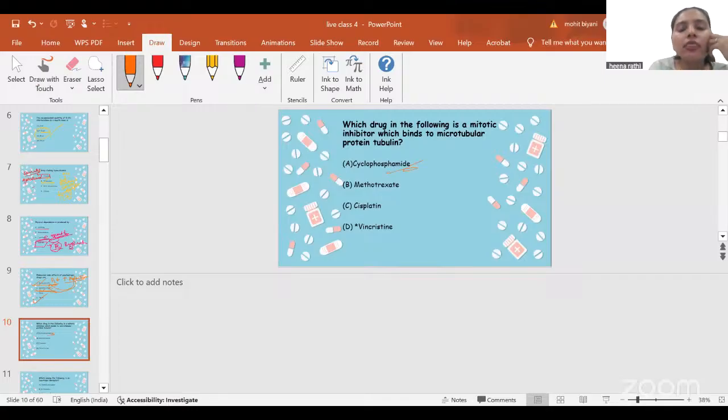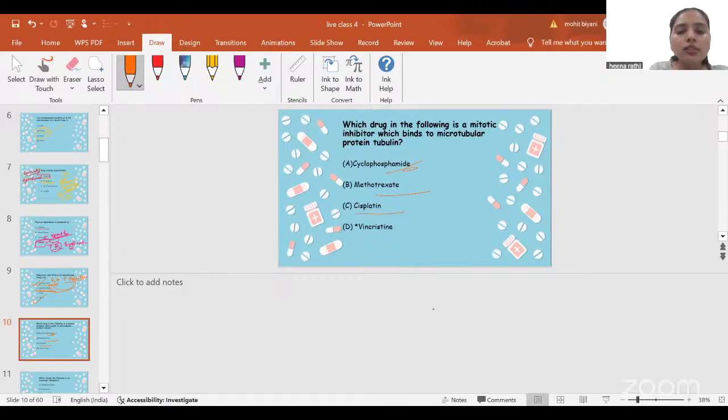Second is methotrexate. It is also an immunosuppressant drug. Cyclophosphamide and methotrexate are both immunosuppressant drugs, which are going to decrease the immunity. Third is cisplatin. Cisplatin is an anti-neoplastic drug which is going to decrease the neoplasia in the body.